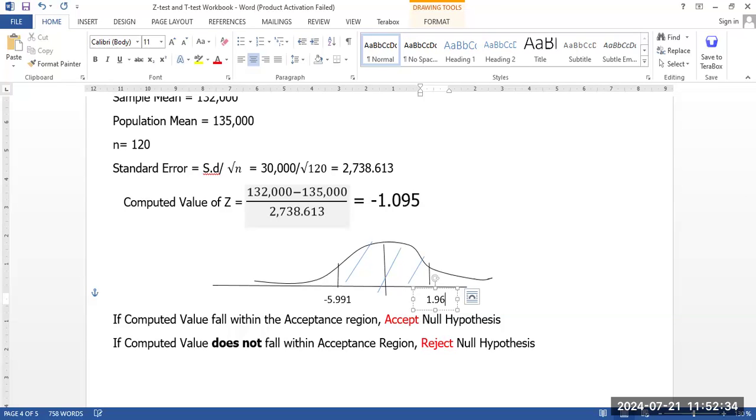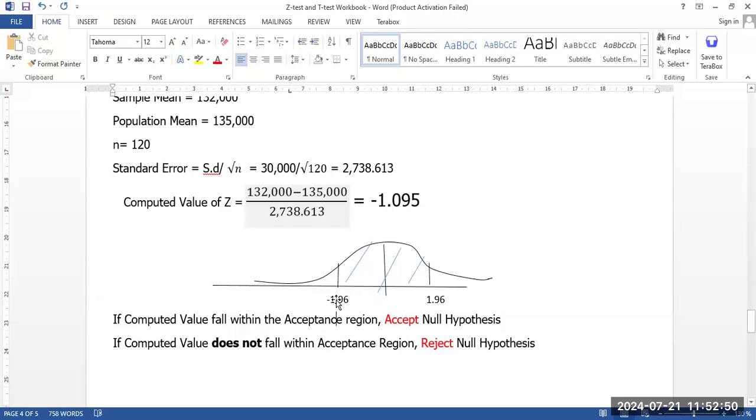And since we don't have a side, we create the same value but make it negative, negative 1.96. Because we don't have a side, that's why we are creating a positive and a negative.